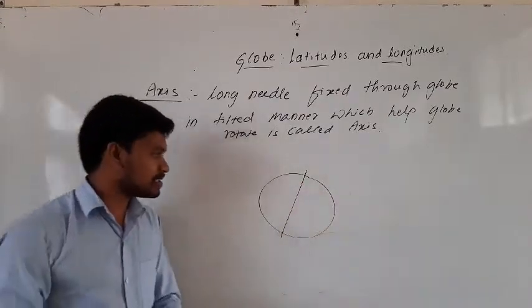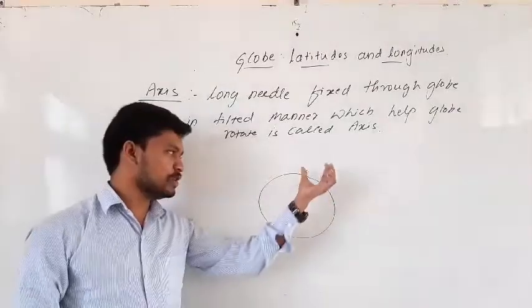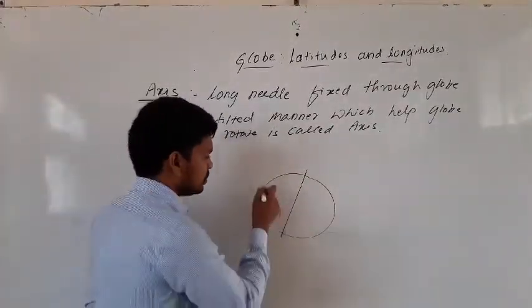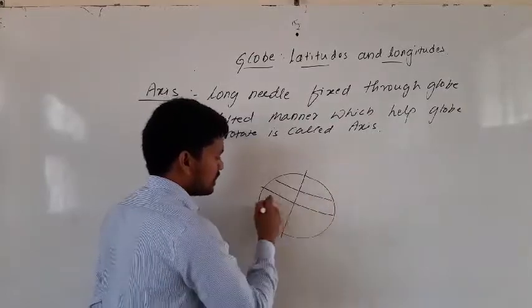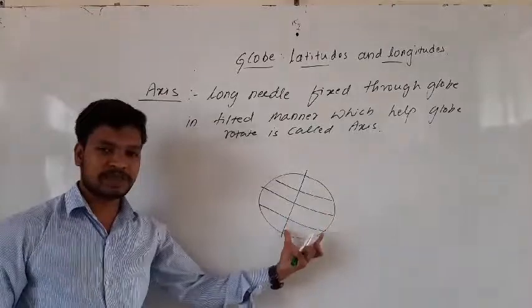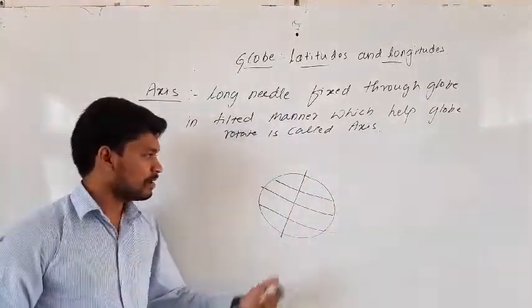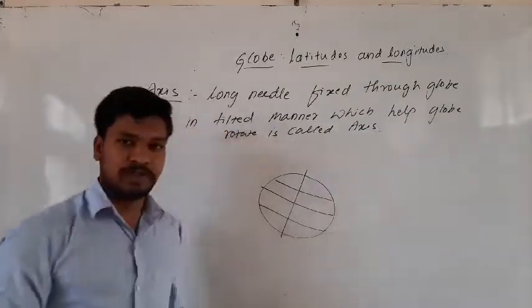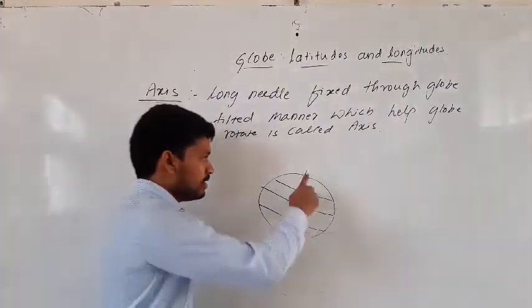We have an axis in the Earth, but it's not visible to us, but here it's visible on the globe. Same like latitudes and longitudes are not visible on the Earth's surface, but they are visible on the globe. The axis also is not visible; it's an imaginary line.